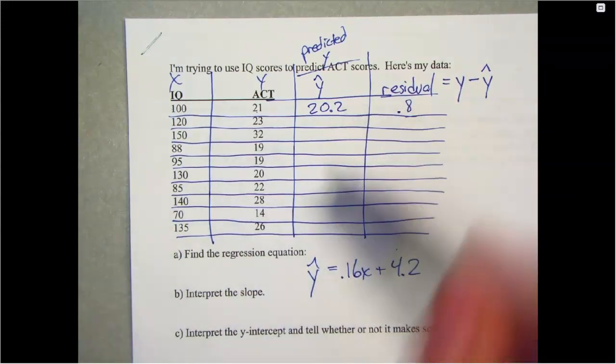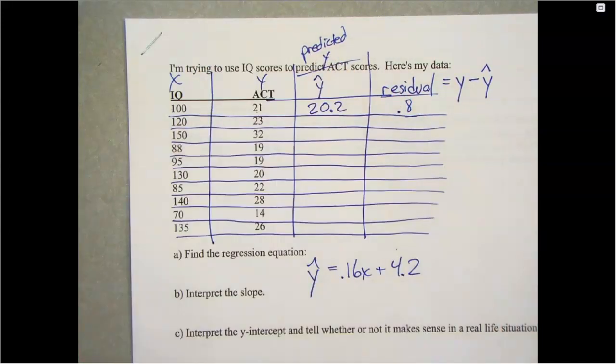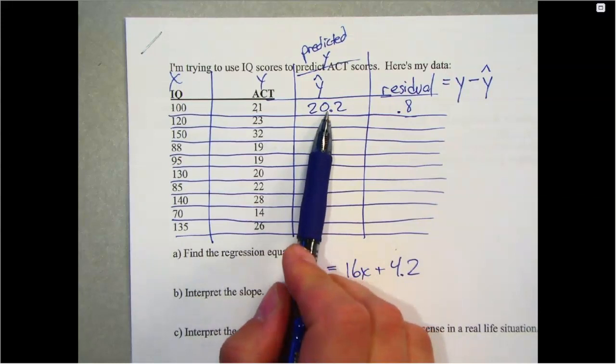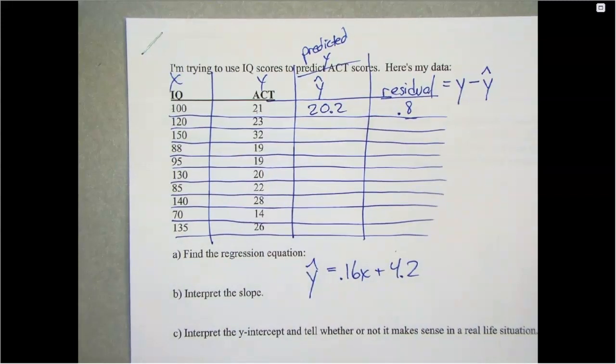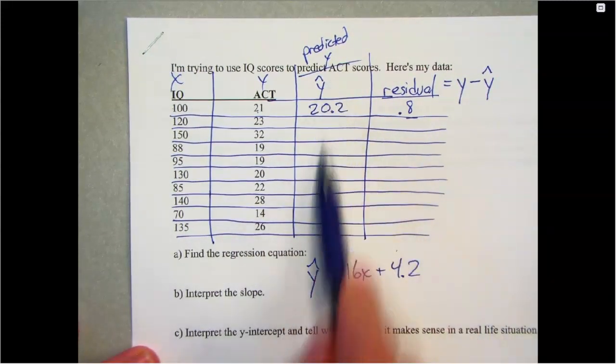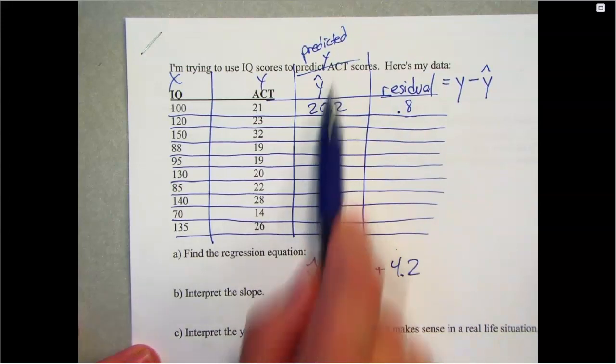Would this 21 be above or below the line that we draw? Above, because we did better, right? This is what I predicted, and they got 21. So this y hat is the prediction. This is the line.